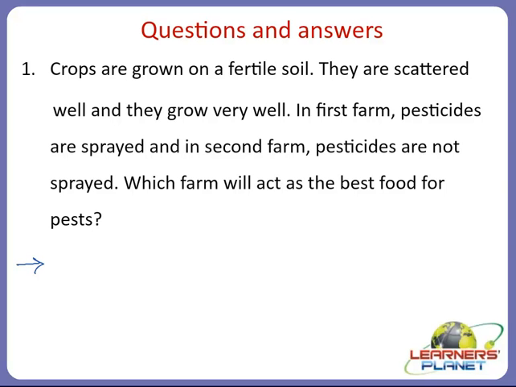So the steps of agriculture which we saw were that first of all the field is plowed, then manure is added to the soil, then seeds are sown, then crops are watered, or we can say that the crops are irrigated, and then pesticides are sprayed to protect the crops.